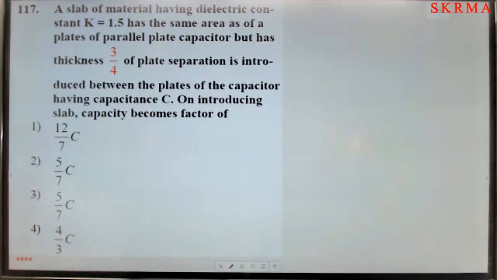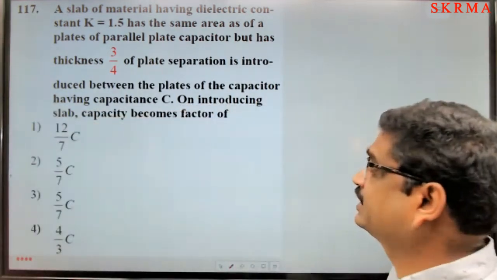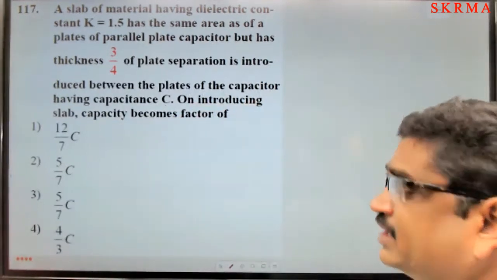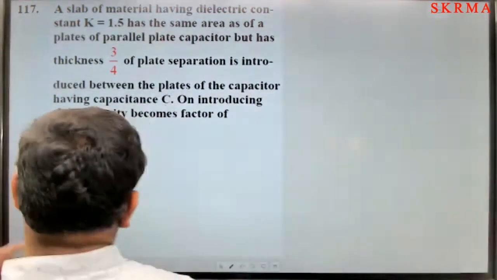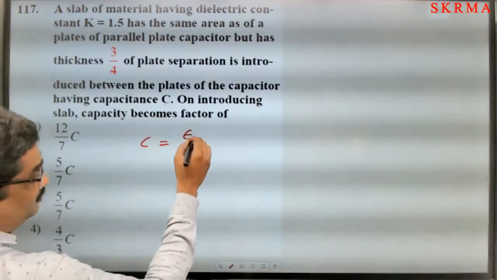Next one. A slab of material having dielectric constant K equal to 1.5 has the same area as the plates of a parallel plate capacitor, and thickness 3 by 4 of the separation between the plates. It is introduced between the plates of the capacitor having capacitance C. On introducing the slab, the capacitance of the capacitor becomes what? What is the formula for that?